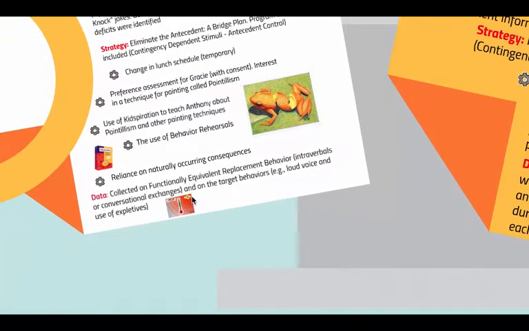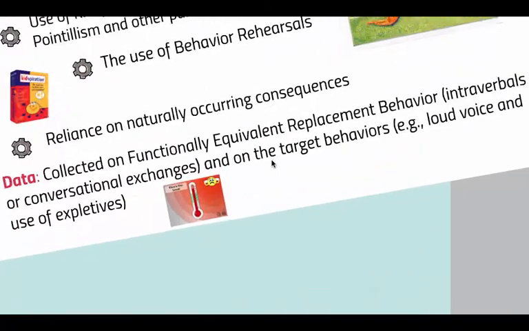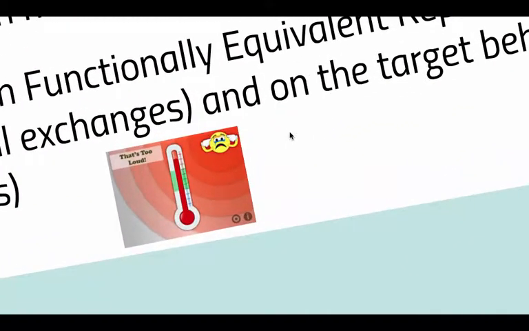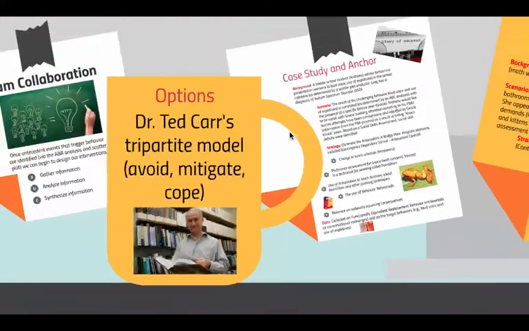Incidentally, we were able to teach Anthony a discrimination about loud voice versus soft voice, and we did that using what's referred to as a voice light, which gives immediate feedback in terms of the voice volume, and we taught Anthony to control the volume of his voice by receiving immediate feedback from a voice light mechanism.